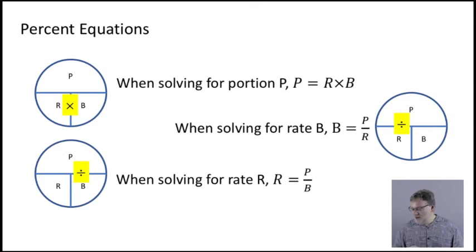When we are solving for a portion, for the variable that is in the upper half, we're going to use the bottom 2 variables in order to solve for that portion. So it's R times B. We put a multiplication sign between those 2 things. We know that we have to multiply rate times base.